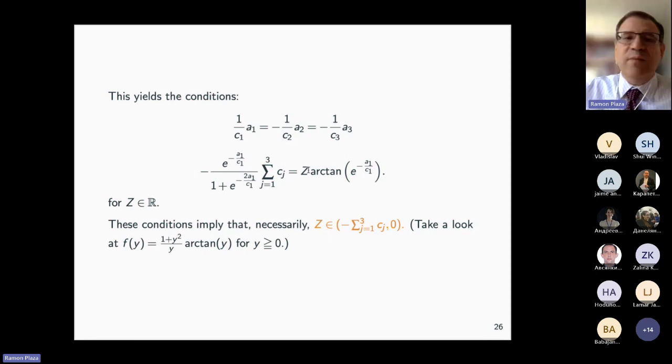So actually, the physical parameter z is going to determine the dynamics. It's going to determine everything. From these conditions, after analyzing this function, you can see that z is bounded between minus the sum of all the velocities, comma 0. So this is a constraint on the physical parameter z.